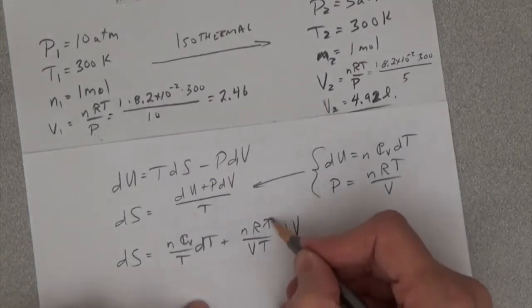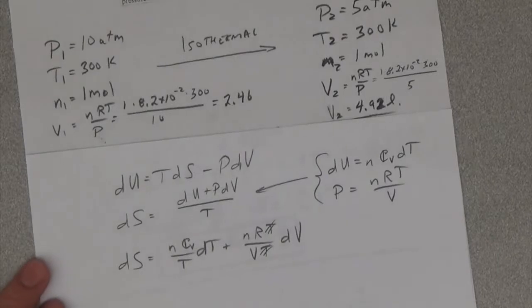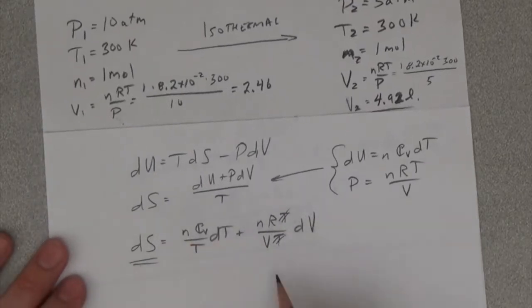So these T's cancel out. And this gives us an expression for the change in entropy in terms of these variables.